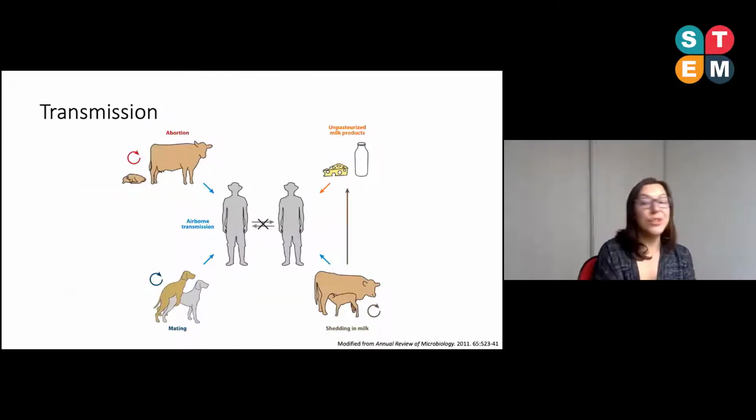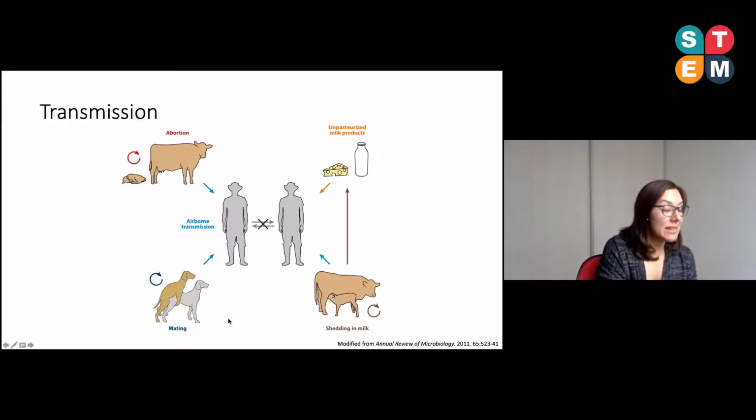That's how transmission occurs, when other animals or humans get in contact with the aborted fetus or membranes or fluids containing the bacterium. That's why this is an occupational disease, almost always affecting people that work with animals, or farmers.